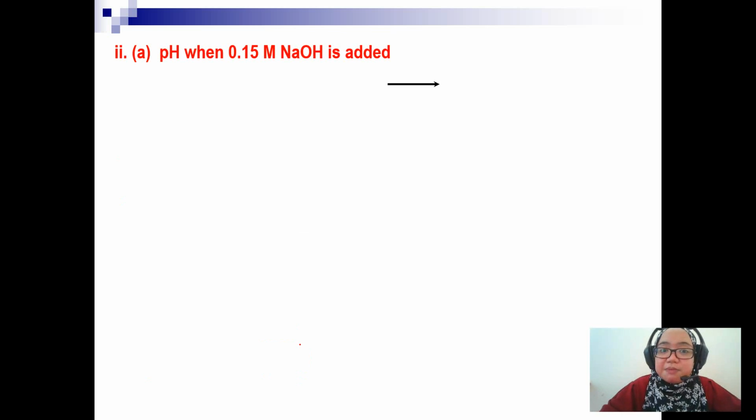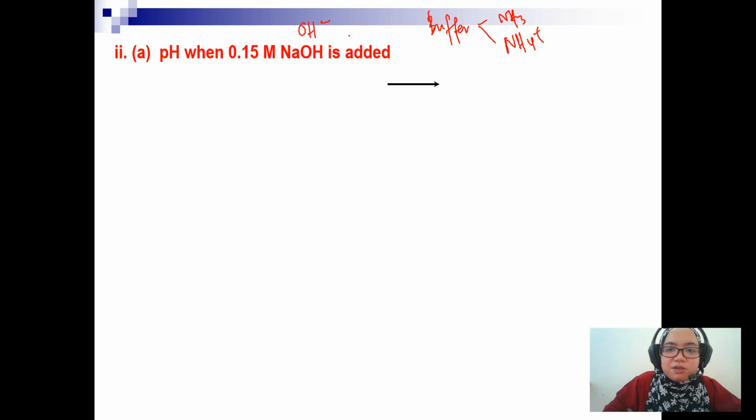Okay, so sekarang ni bila kita add pula, okay, dalam buffer tadi kita ada weak base NH3 dengan conjugate acid NH4+. Okay, bila now added, kita ada OH minus, betul? So yang mana yang akan react? Yang ini.